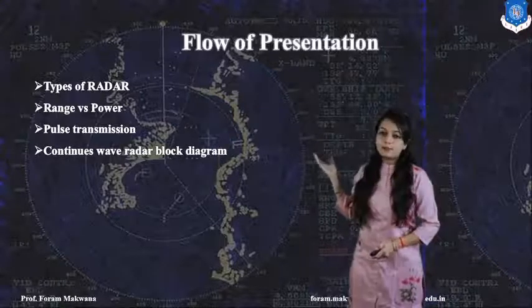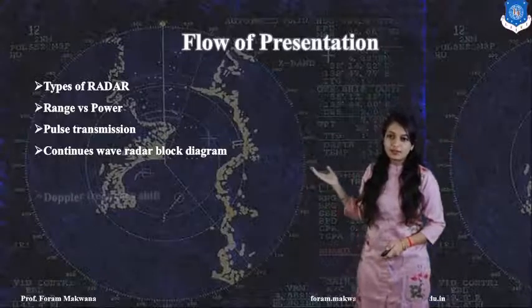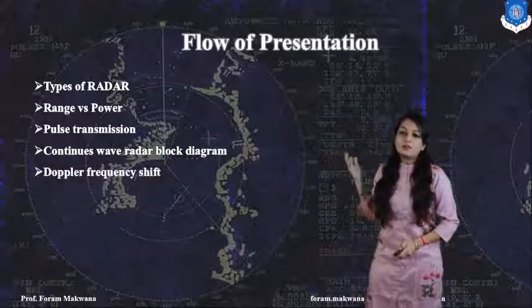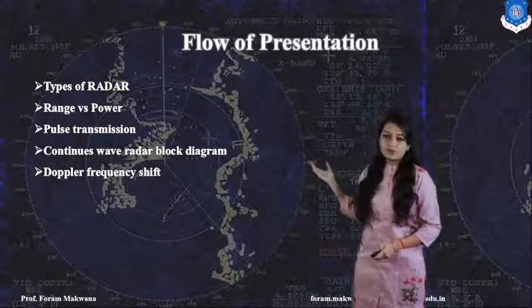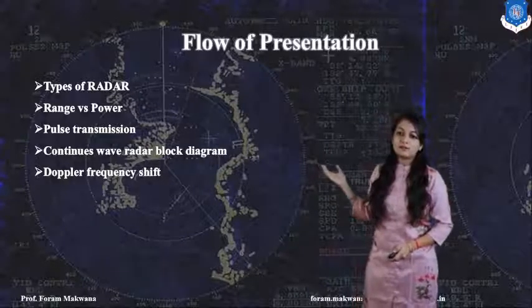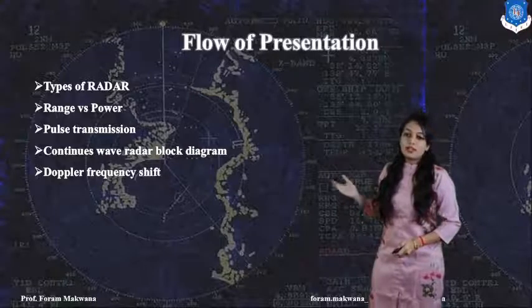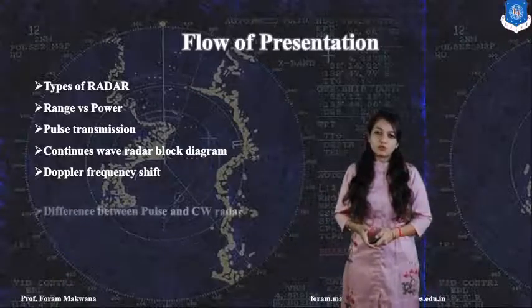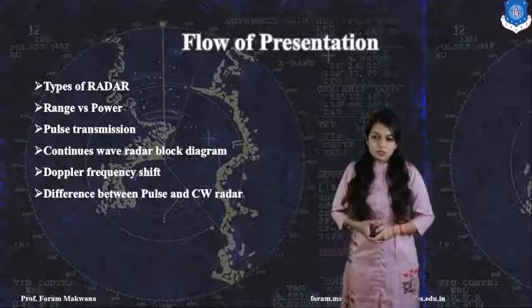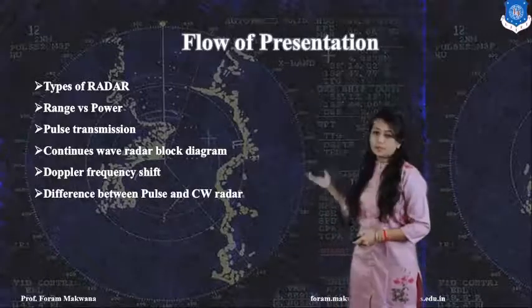We will see the block diagram of continuous wave radar. The most important thing, the Doppler shift frequency related to continuous wave radar. We will also see the difference between the pulse and the continuous wave radar.